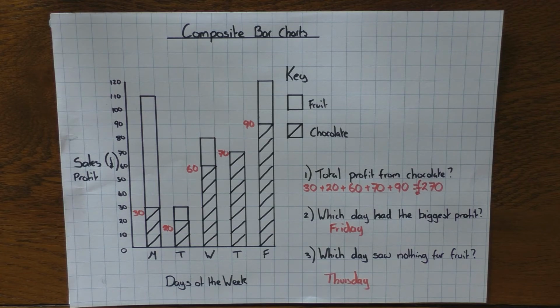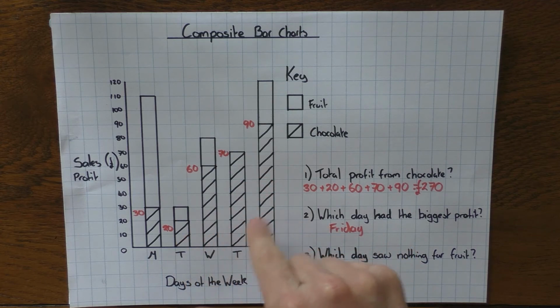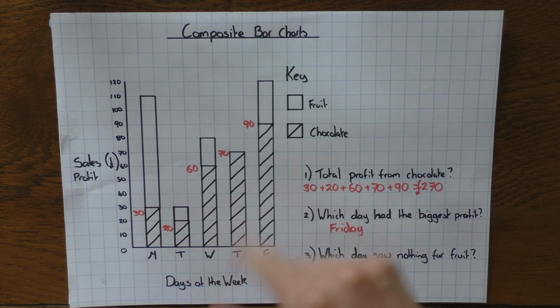A little bit of a posher question they might do is a bit more of a general context question. And they might go, if you were a manager of a store, which day would you stock up on chocolate? Well, looking at this, you sell more chocolate on Friday or towards the end of the week. So you'd stock up on chocolate either Monday or Friday, ready for that little boost there.